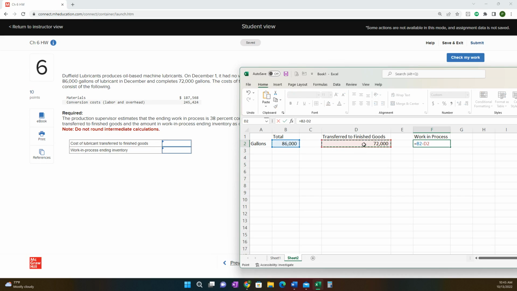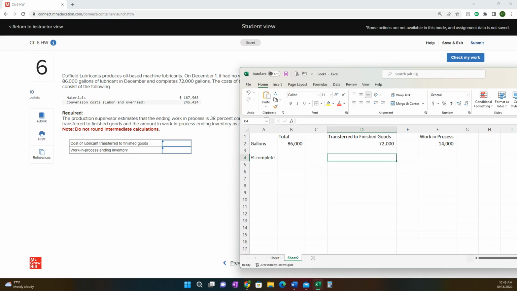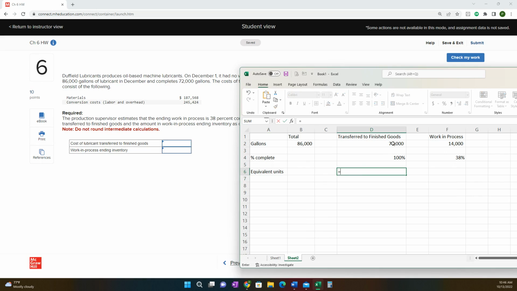Next, we have to consider how much of these gallons were complete. Well, we know that the finished goods is 100% complete. And the question also tells us that the work in process is 38% complete. So in the case of the finished goods, the number of gallons times 100% is going to be the same number of equivalent units. Now for work in process, remember that means that we have 14,000 partial gallons filled up.